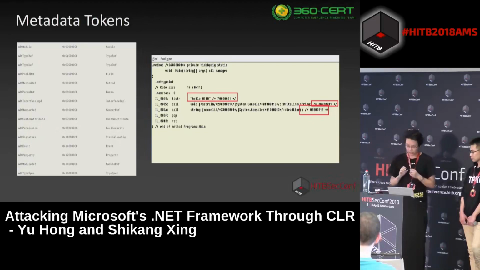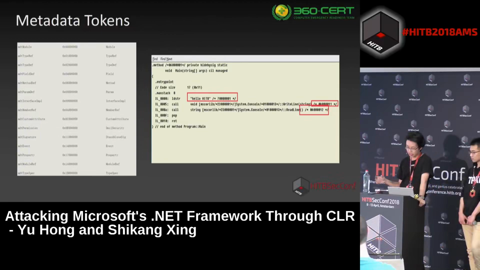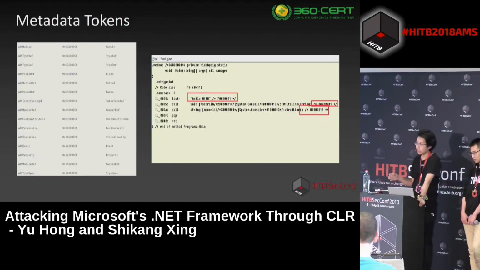The metadata token includes 4 bytes. The top byte defines the module and table reference, and the other bytes define the row in the metadata table.